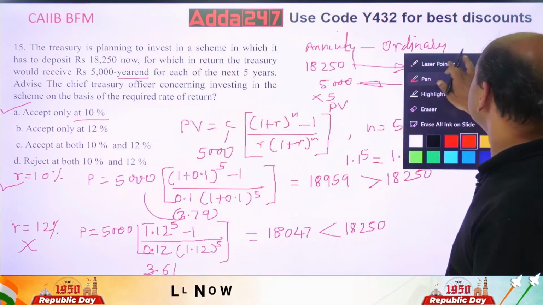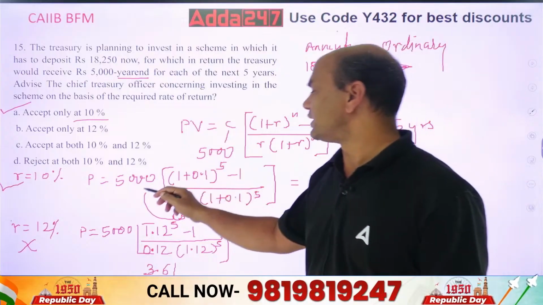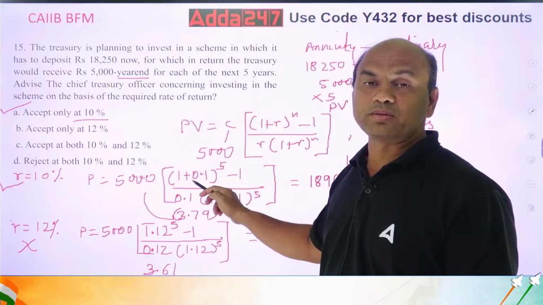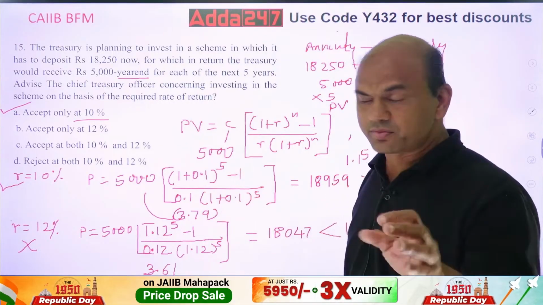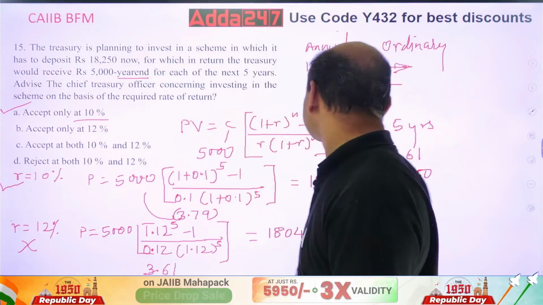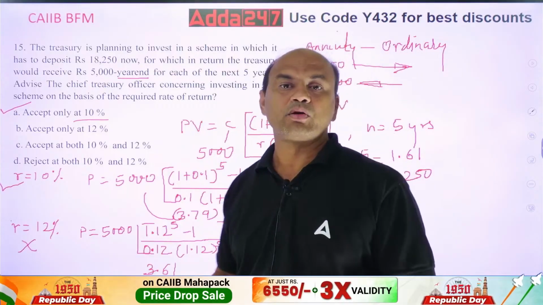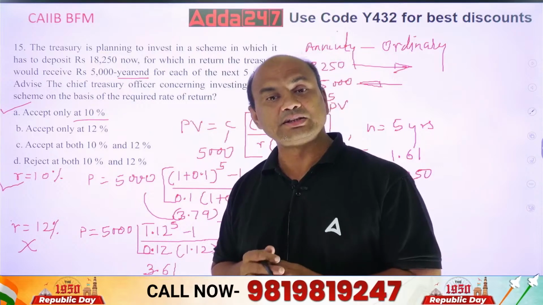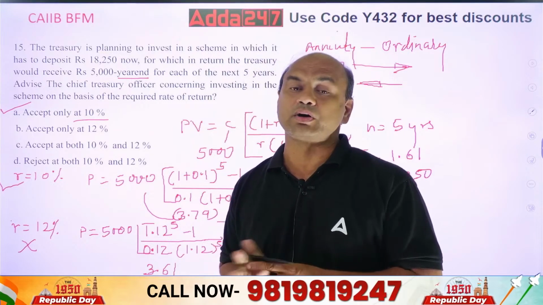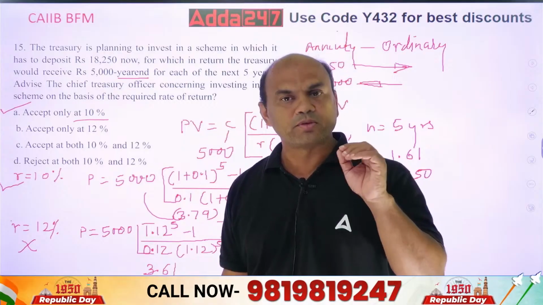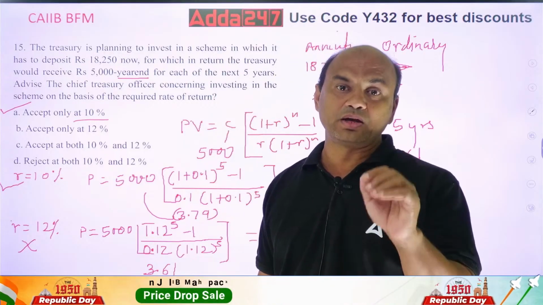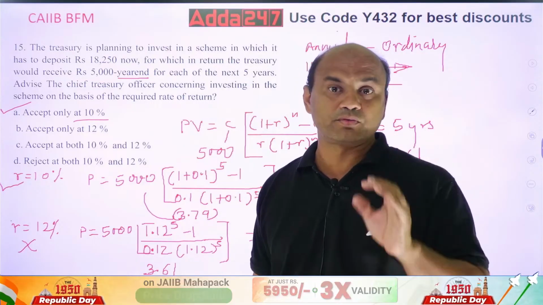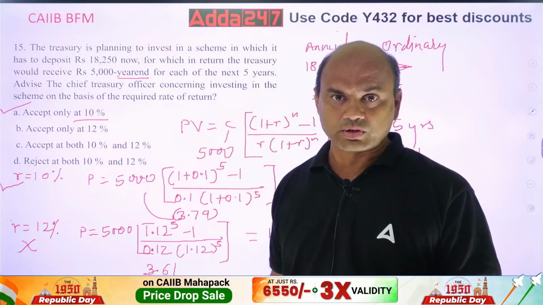Okay. So 5,000 into this will become what? 1.1 raised to 5. Everyone do it first. What are you getting? Let me see in the comment section. How to do this? Type 1.1, then type into, then type equal to 4 times, 1 less than whatever is required.